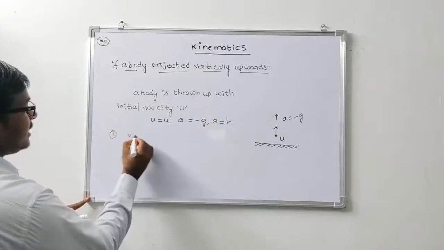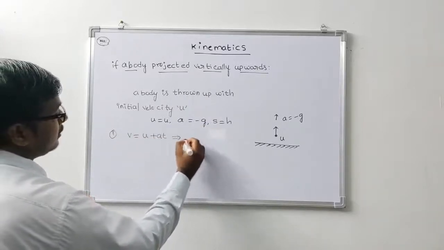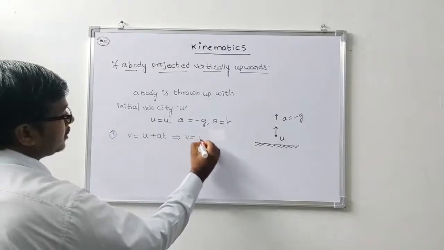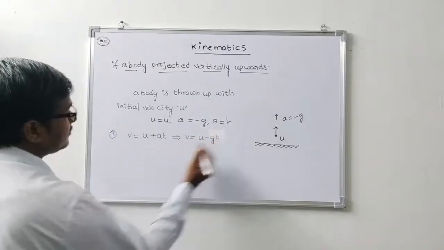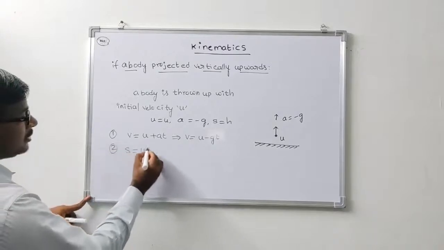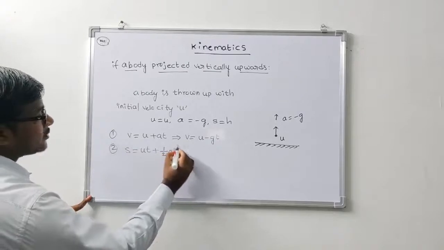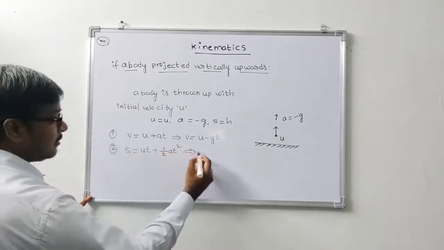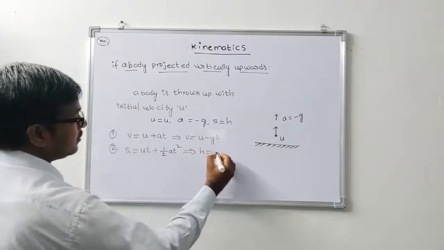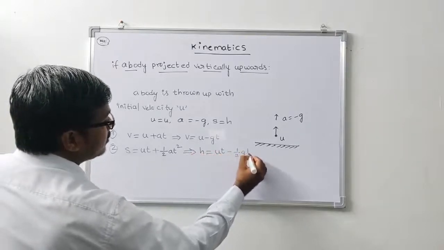First equation, v is equal to u plus at, then v is equal to u minus gt. Second equation, s is equal to ut plus half at square, that implies h is equal to ut minus half gt square.